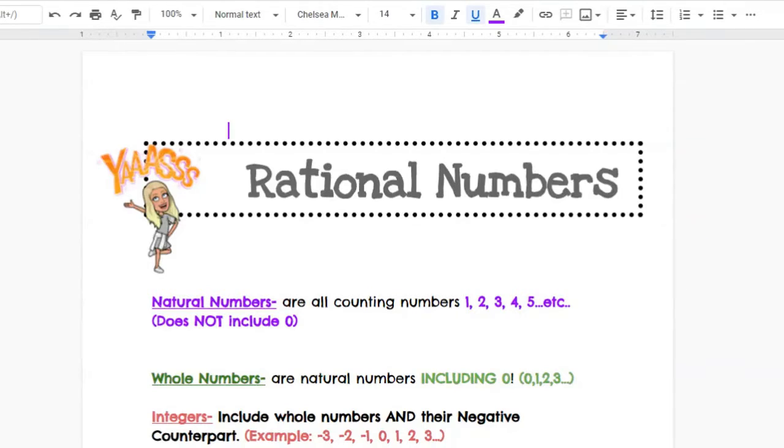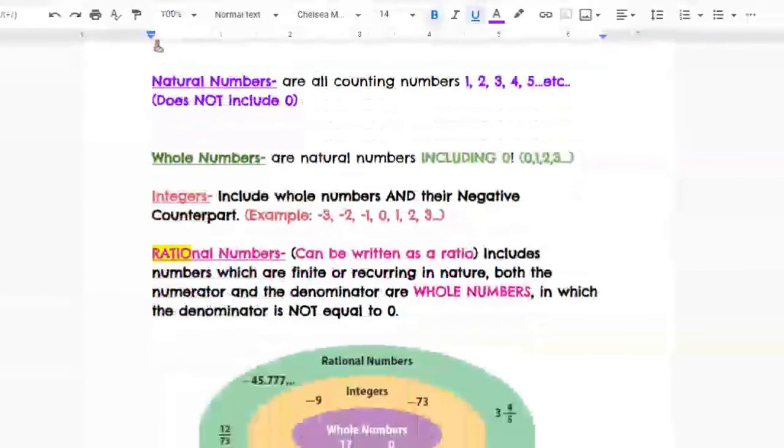Okay, so we're going to discuss this little rational numbers cheat sheet right here. So we need to discuss the types of definitions that we have. We have natural numbers. Natural numbers, like I said in the earlier video, are all counting numbers: 1, 2, 3, 4, 5, etc. It does not include the number 0.